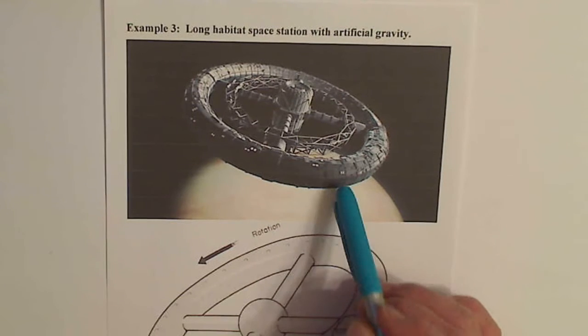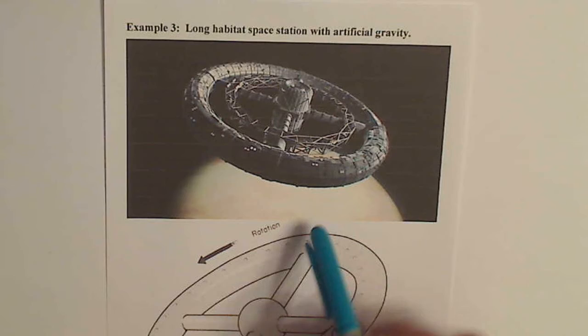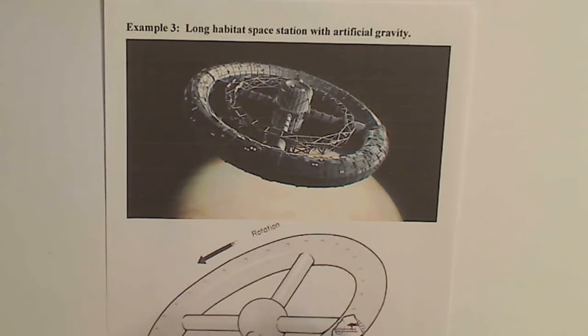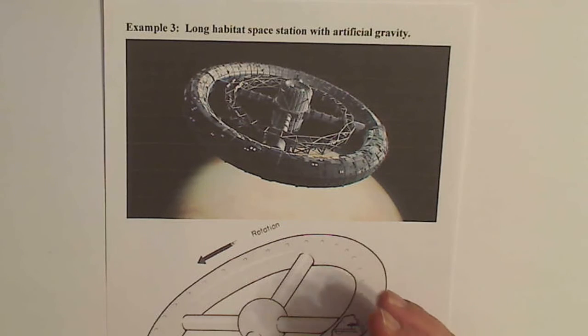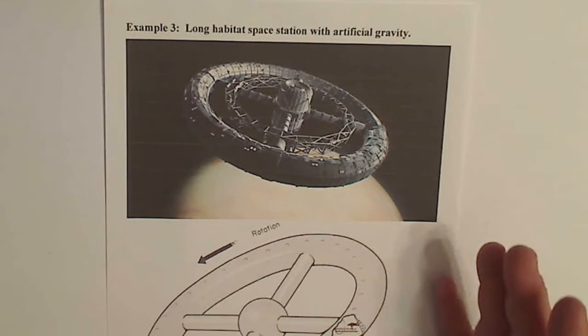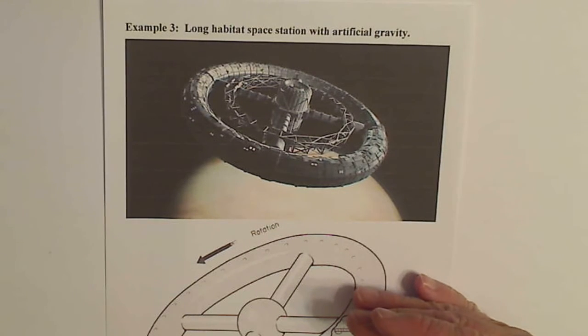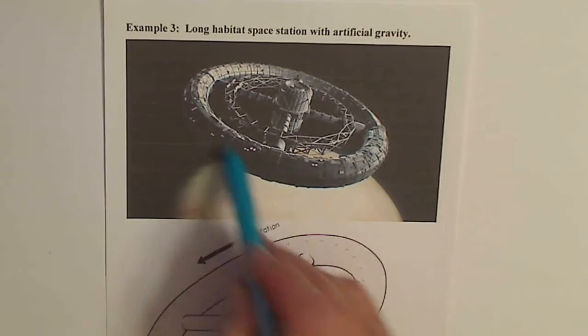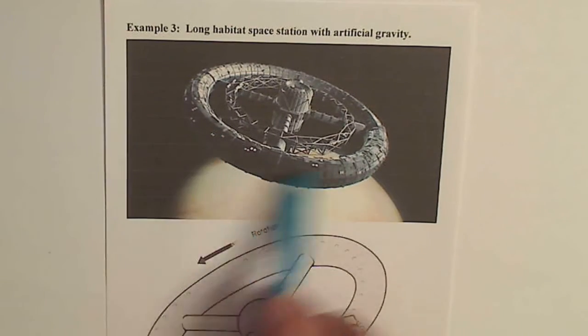Now, the uniqueness about this is if you go back to some amusement park rides where they spin you around in circles really fast and you stick to the outside walls. If you think about it, if that thing was spinning fast enough, you could basically stand up sideways on the inside of that. And that's the idea of this circular ring on this space station going around in circles.